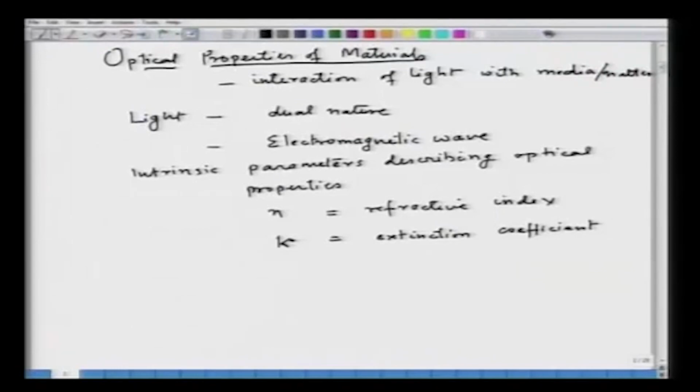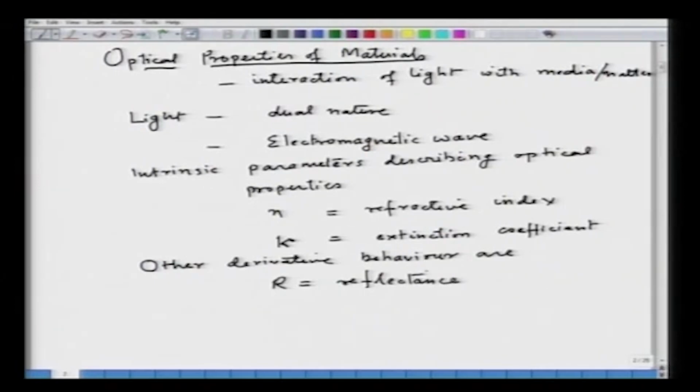Now, other properties which we normally confuse with the optical properties, other derivatives of these intrinsic properties are reflectance, R, absorption, A, and T, transmission.